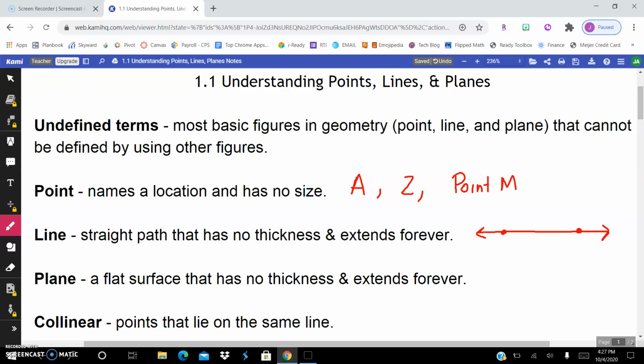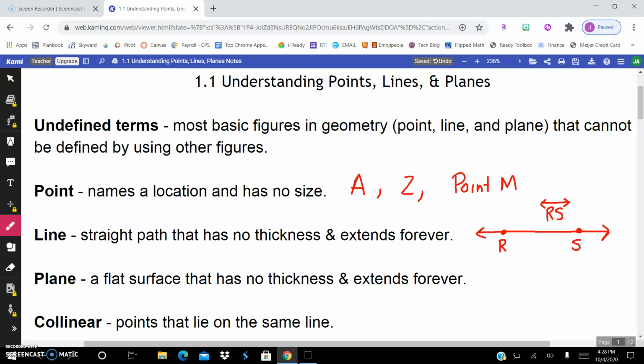And we will call those points R and S. And when you label a line, you have to be really careful. You use the 2 letters that are on the line. So in this case, we have an R and an S. And then the label above is a line with arrows at both ends showing that it extends forever in both directions. You have to have those arrows in order for it to be a line.